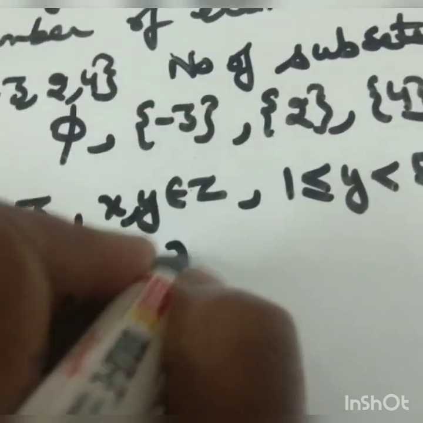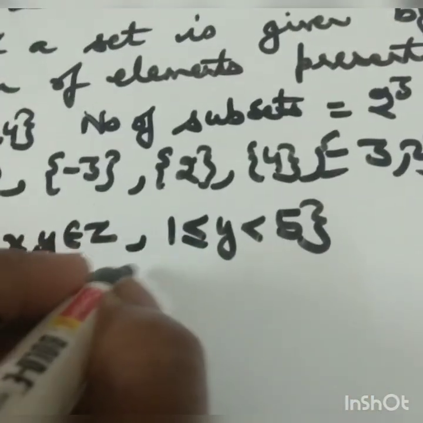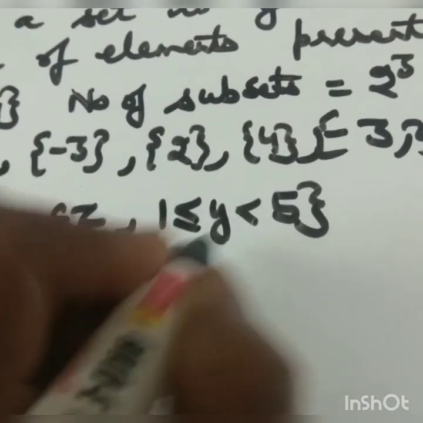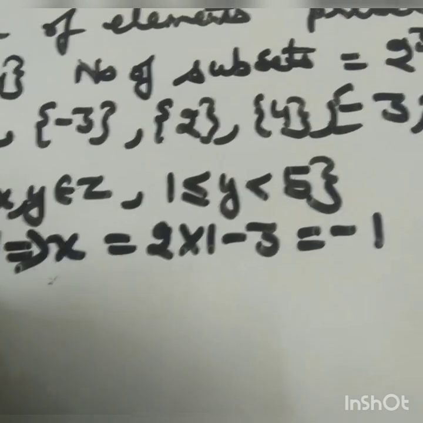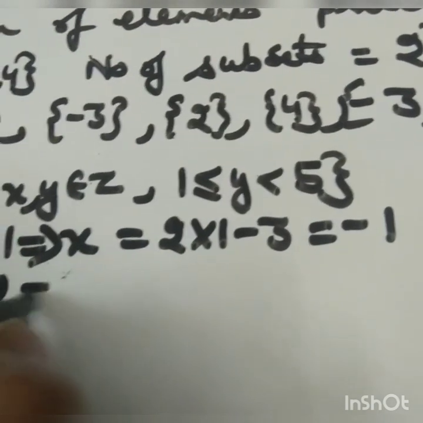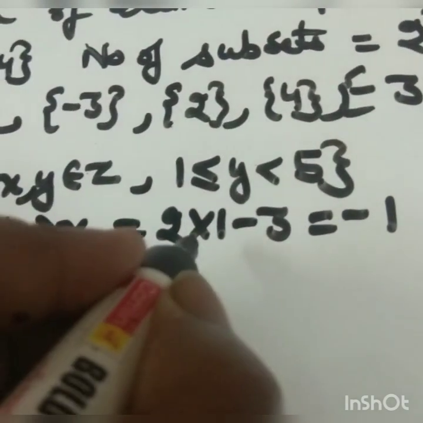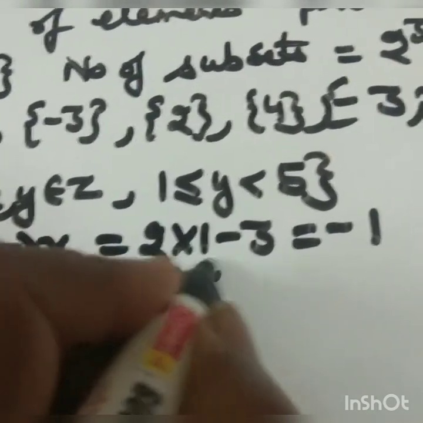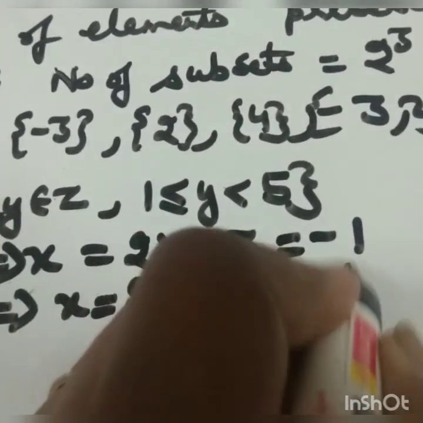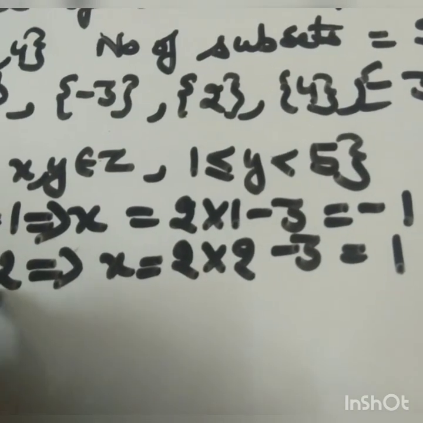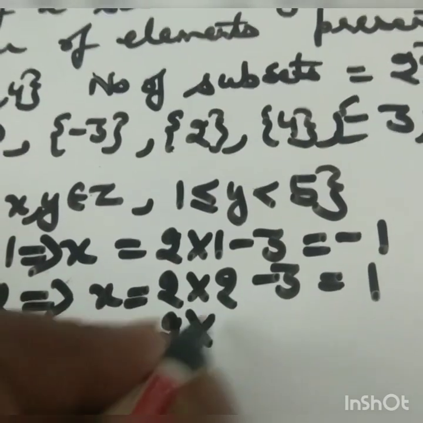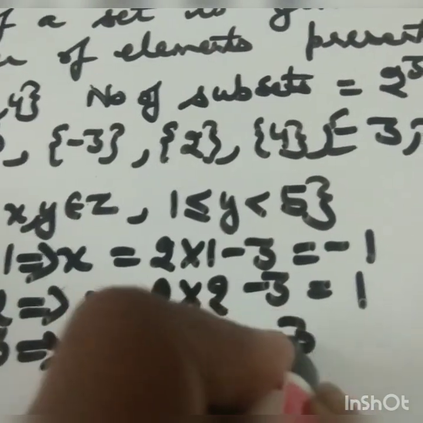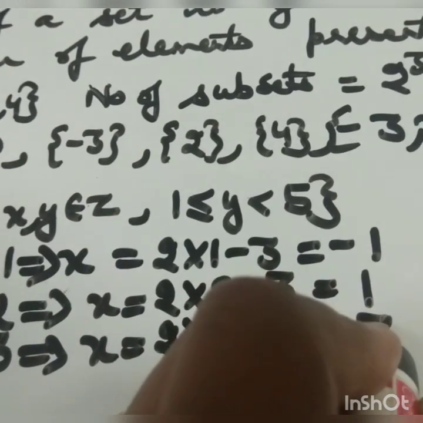So x will be 2 into 1 minus 3, so minus 1. y equals 2: x equals 2 times 2 is 4, minus 3, equals 1. y equals 3: x equals 2 threes is 6, minus 3, equals 3.